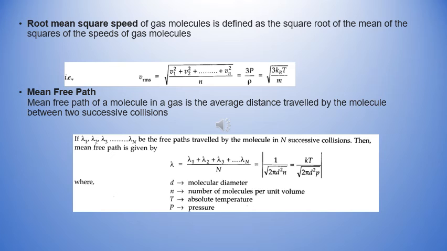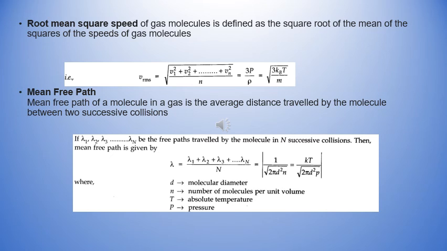So between two successive collisions, the molecule will move along a straight line path with a uniform velocity, and this free path is known as the mean free path. It is equal to the square root of kT upon 2 pi d square rho.